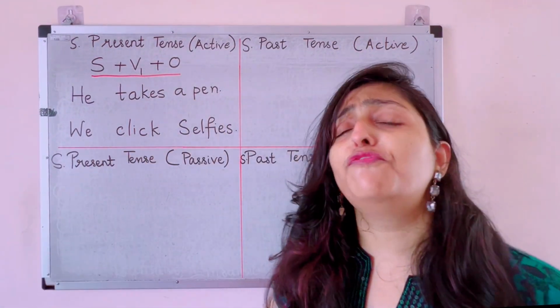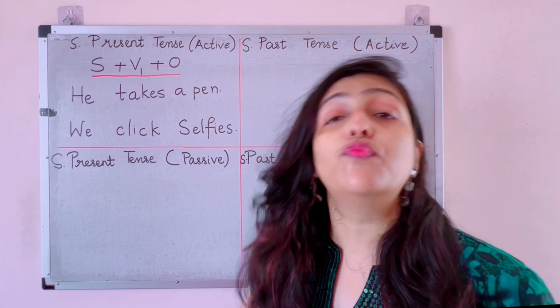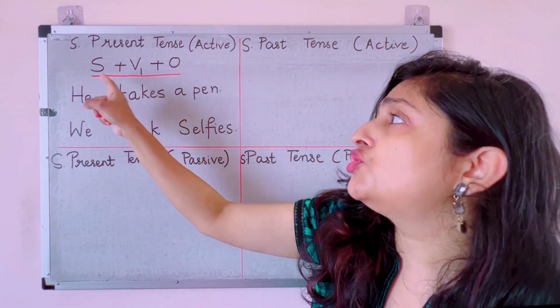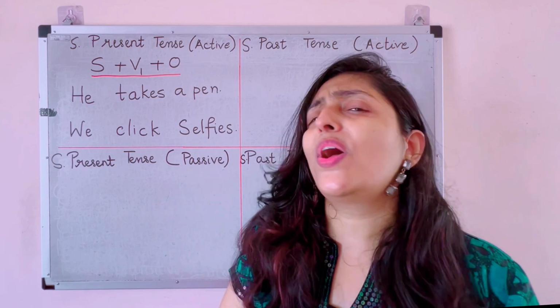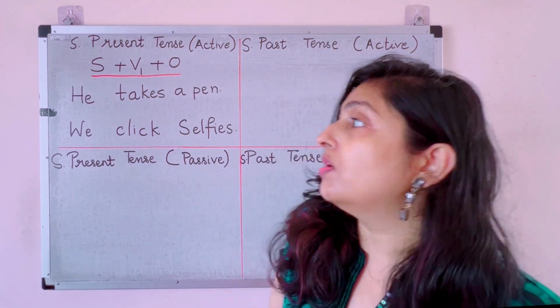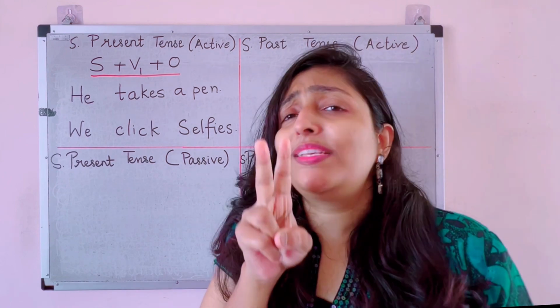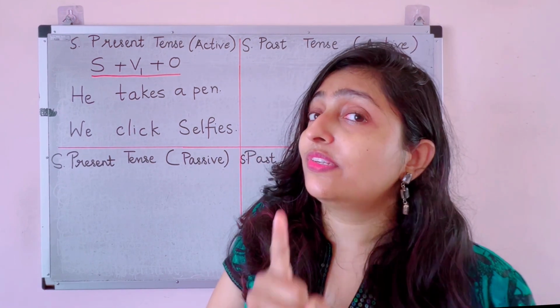The rule or the formula for simple present tense in active voice is subject plus V1 plus object. V1 is the base or the root form of the word. So I have taken 2 examples. In the first example, object is singular.